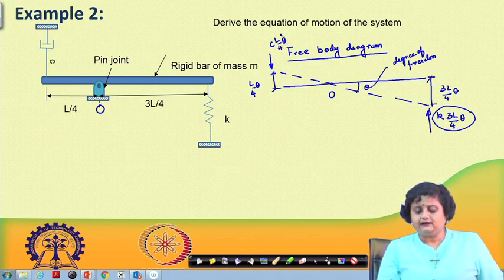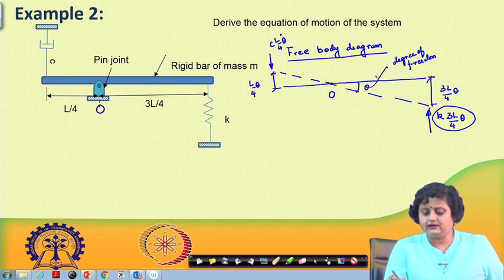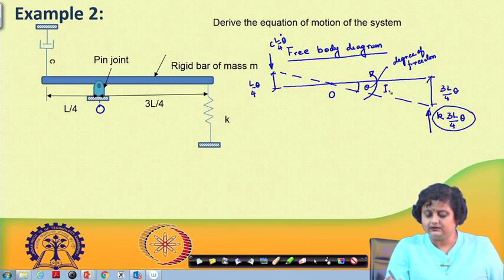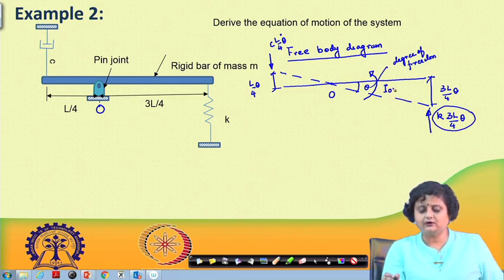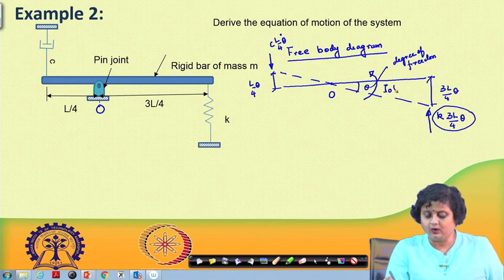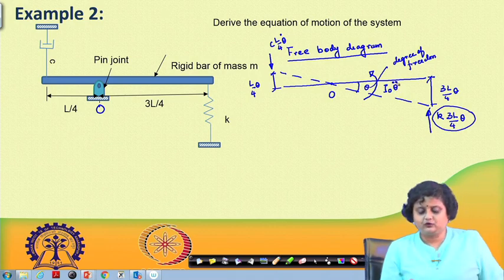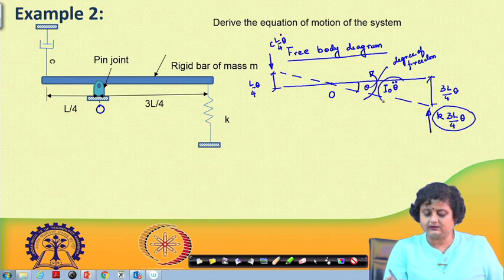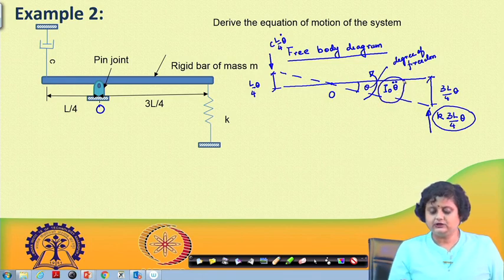And an inertial moment is going to oppose the motion. Let the moment be I 0, the second moment of inertia about point O, into theta double dot. So, this is my inertial moment, similar to my inertial force.